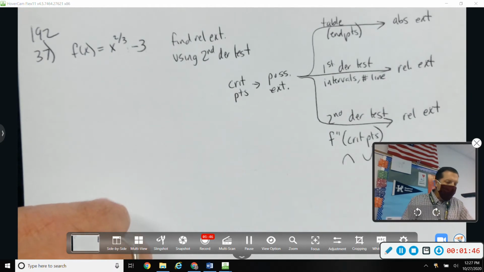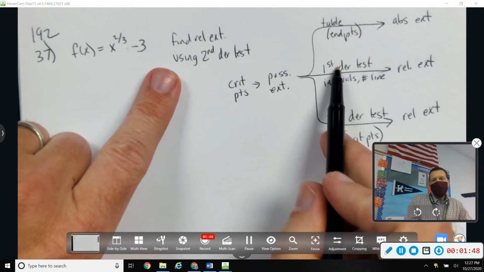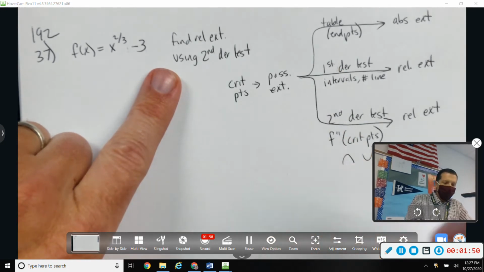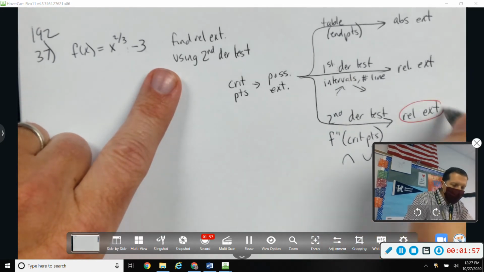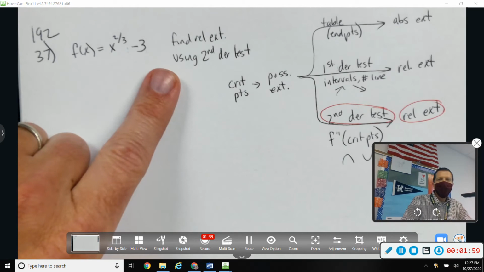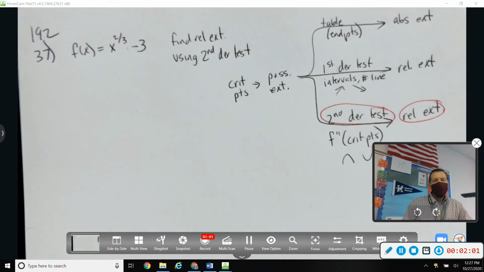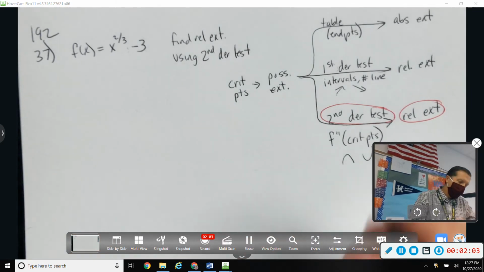So if it didn't specify, we could have done this using the first derivative test, using the increasing, decreasing thing, like number 2 on the warm-ups. But it specified, find the relative extrema using the second derivative test. So that's the direction we're headed.